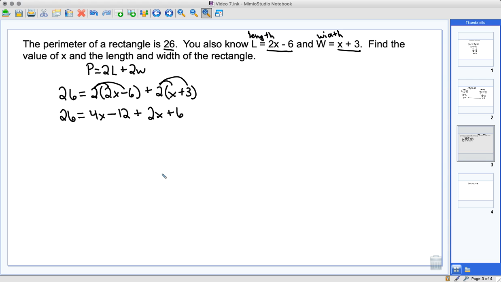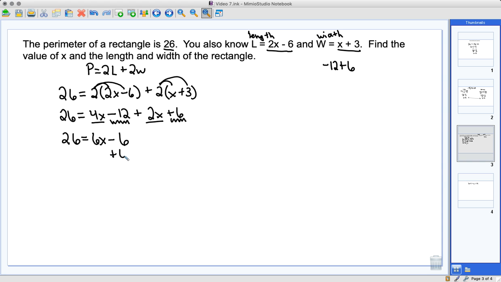Then we're going to combine like terms, like we did on the first example. I've got 4x plus 2x, that becomes 6x. And then I've got a minus 12 and a plus 6. So think of that as negative 12 plus 6, which we talked about last chapter. So you get a minus 6. Then it looks like the problems that we've been doing.